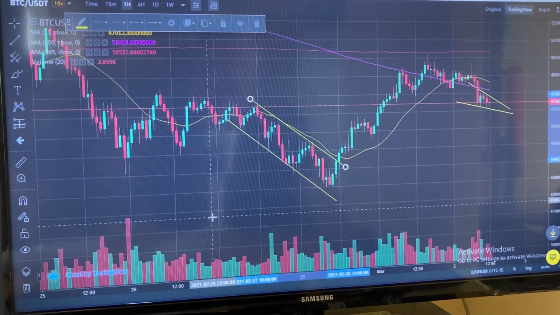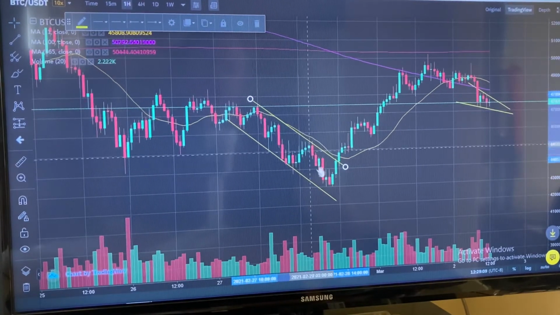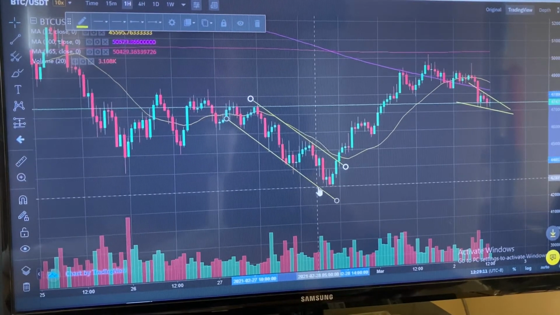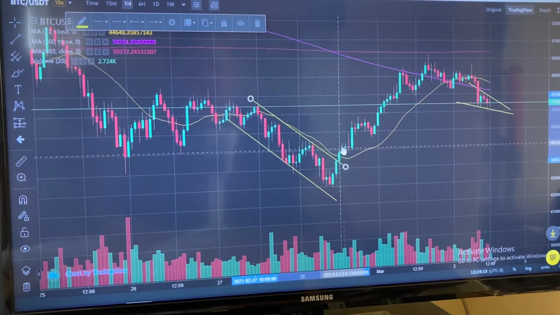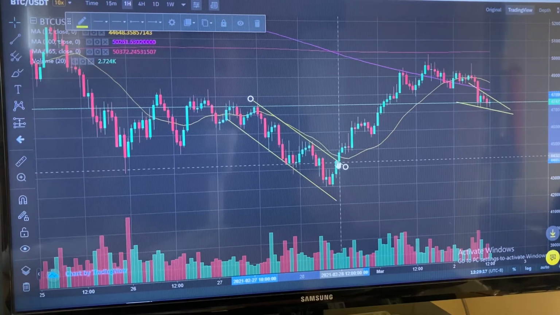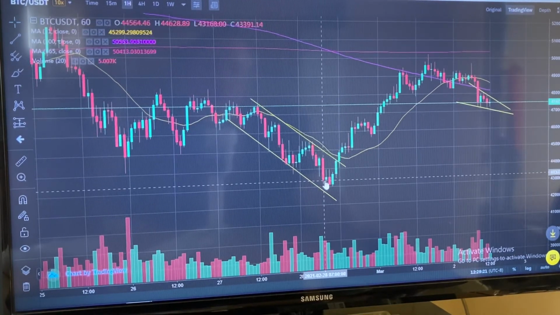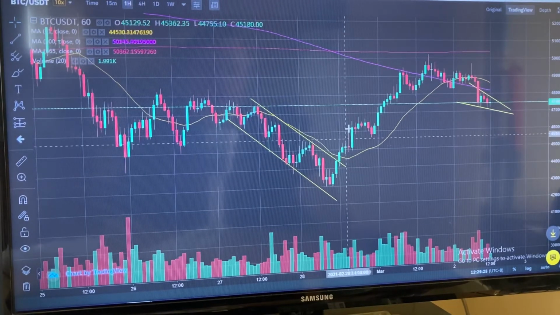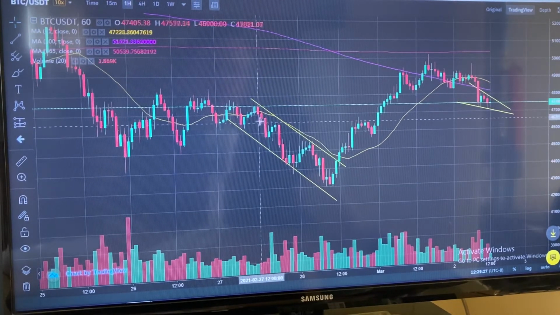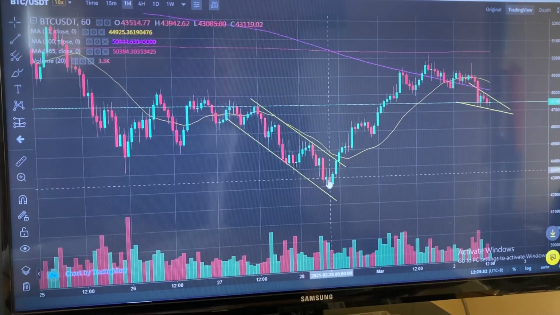So you have a descending channel right here, and this pattern changed right here when it moved up. So this area right here is called a breakout, and this is what you're looking for. You're looking for the price to break out of the pattern you created. It can break out going up or down. This is a descending channel, so you have 64% chance of breaking to the upside, which it did.